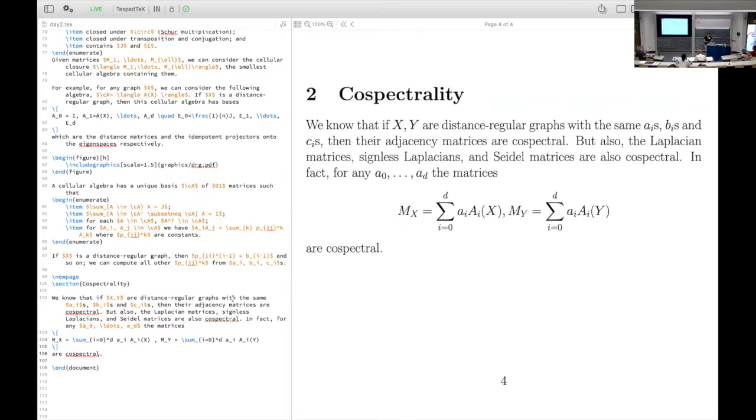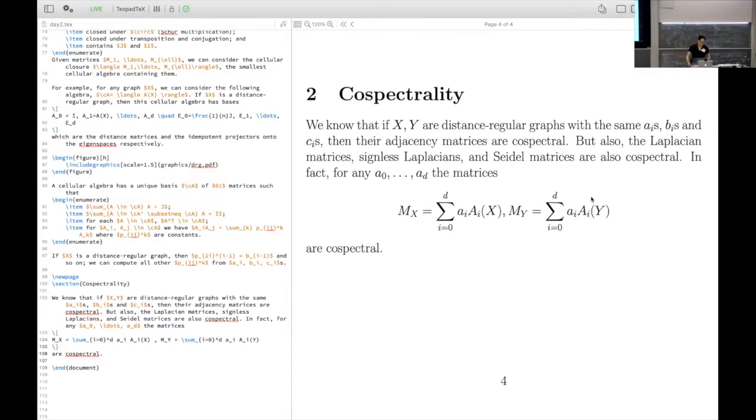The proof is that each A_i you can write as a linear combination of the E_i's, and the only thing you need is the Q matrix, the Q eigenmatrix of the distance regular graph. Then you can expand each A_i in the other basis, the spectral idempotents, and the coefficients you get in this other expansion are the eigenvalues. If you do the same for the other graph, you get the same numbers because they have the same Q matrix.